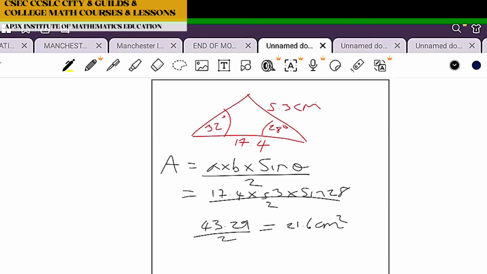Now we're going to move on to what is known as the trapezium and the parallelogram. Those are the last two shapes we're going to focus on for area for now. I'm going to hold on to the circle for a bit, because there's another topic I want to touch base on, called consumer arithmetic, before the year finishes.